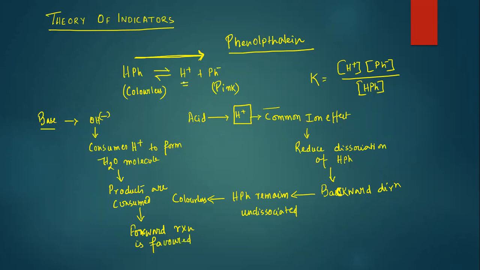As soon as the products are taken away, more and more HPh will dissociate. So dissociation of HPh, that is phenolphthalein, increases. So the amount of Ph- increases and hence the color in the basic solution is pink.